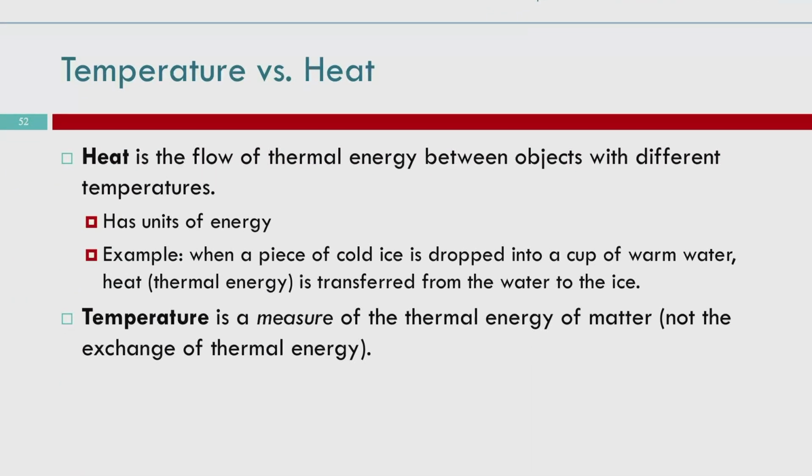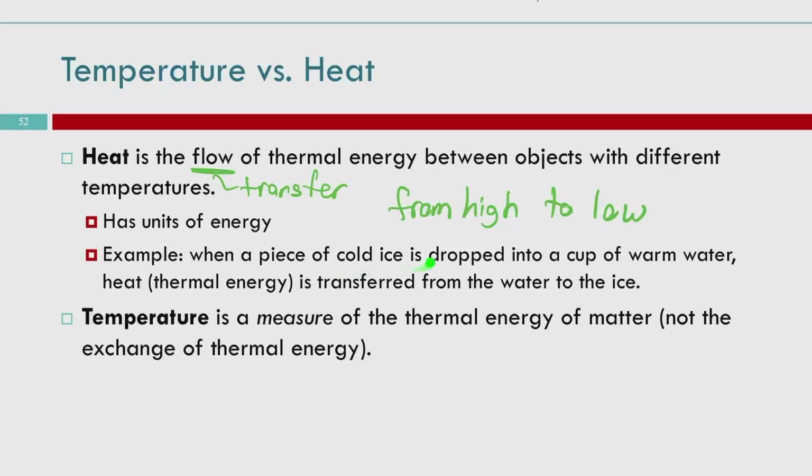So heat is our flow of thermal energy. It's a transfer of energy. Heat is transferred from high to low. Things with a lot of thermal energy transfer their thermal energy to things with little thermal energy, like an ice cube absorbing energy.